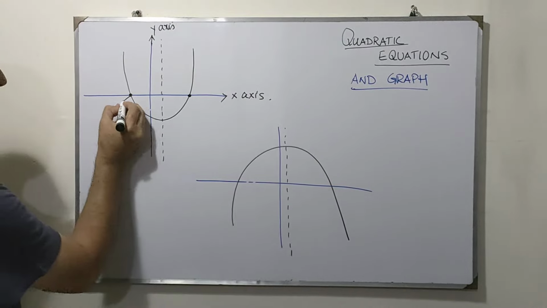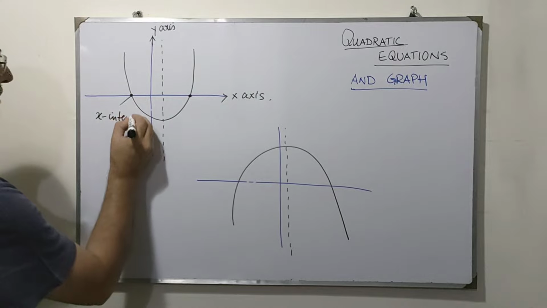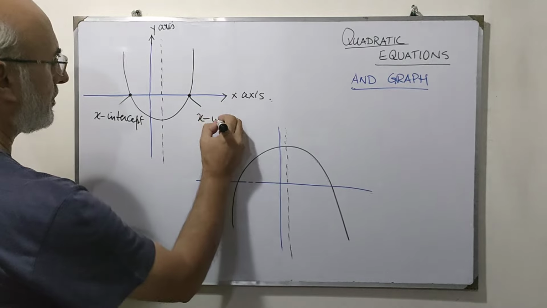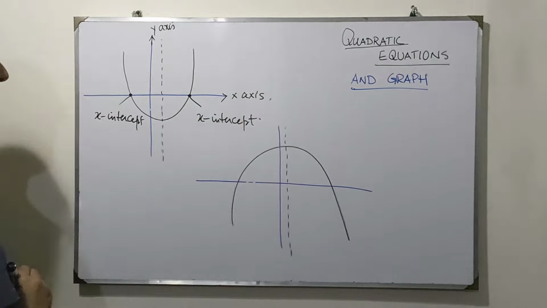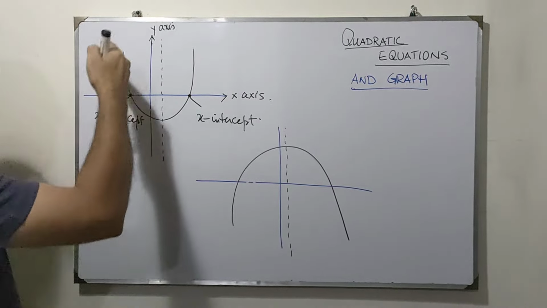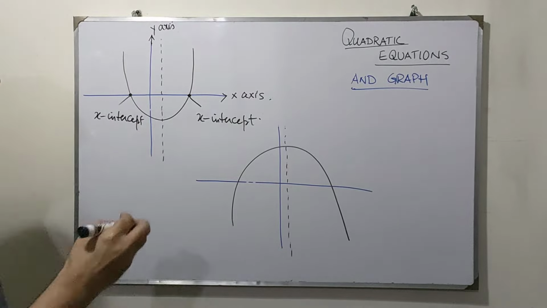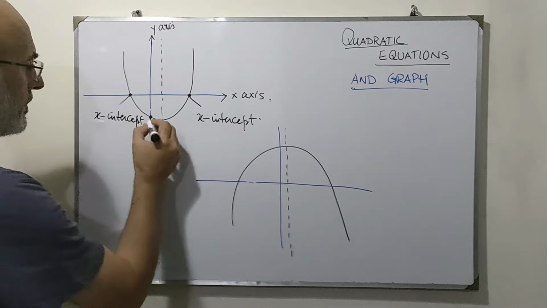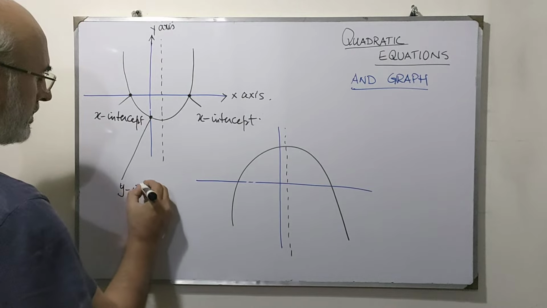So these are our x-intercepts. The graph is in the form of a parabola, so it cuts the y-axis at 1 point, this point, okay? So this is the y-intercept.